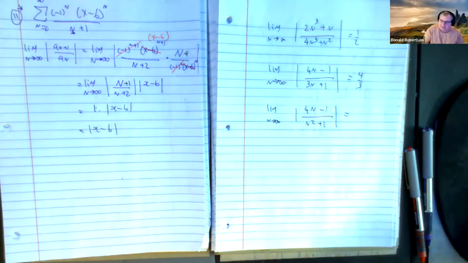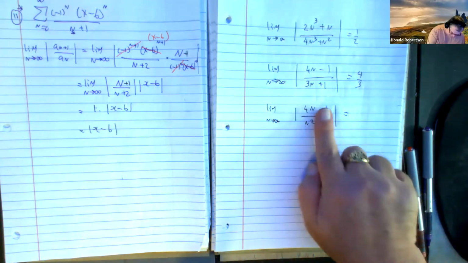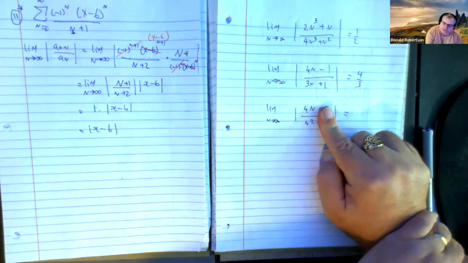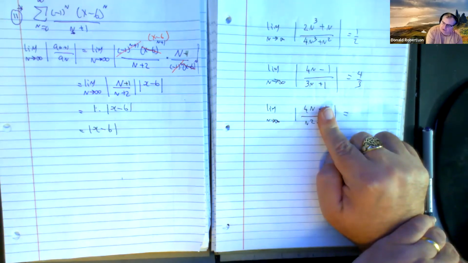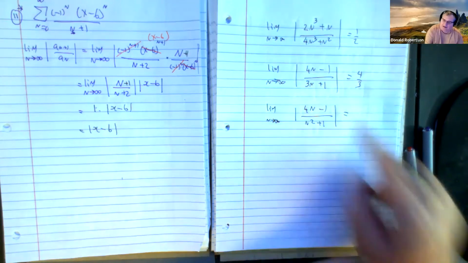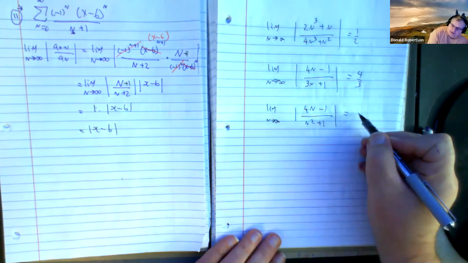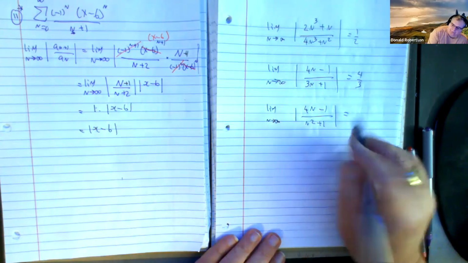That answer is actually not 4, because you notice the top's only an n and the bottom's bigger, it's an n squared. It is a number, but it's not 4 and it's not a quarter. That guy, what number would you get?